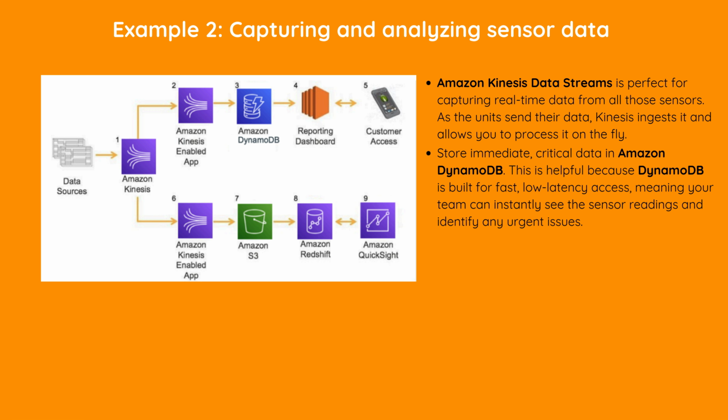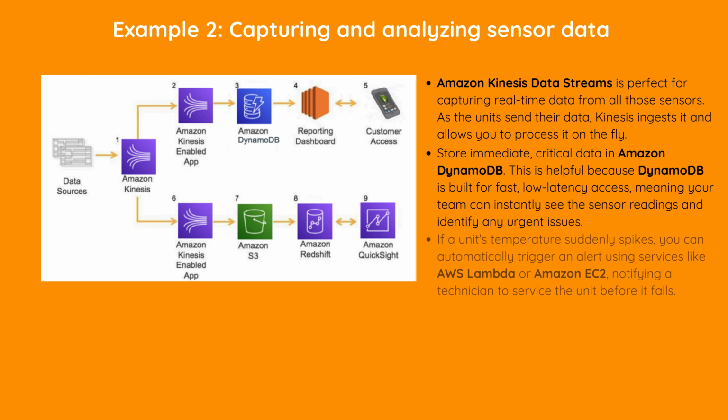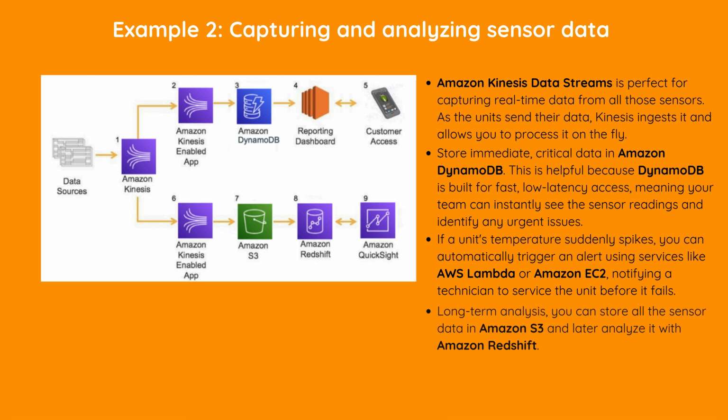This is helpful because DynamoDB is built for fast, low-latency access, meaning your team can instantly see the sensor readings and identify any urgent issues. If a unit's temperature suddenly spikes, you can automatically trigger an alert using services like AWS Lambda or Amazon EC2, notifying a technician to service the unit before it fails.